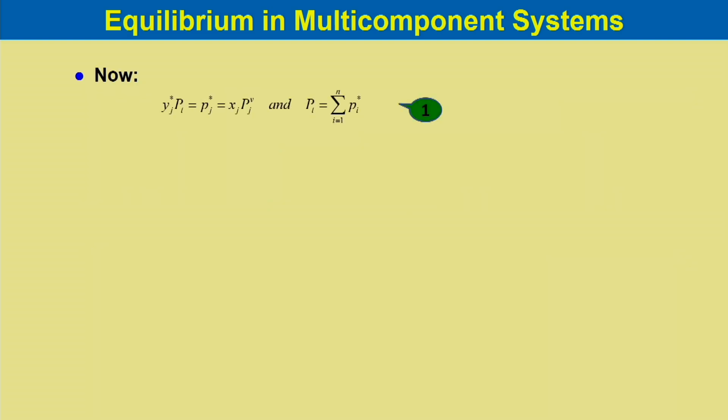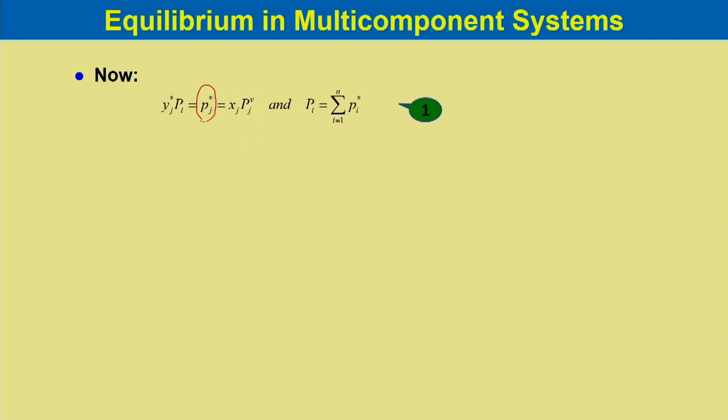We know that Yj* Pt would be equal to Pj*. Yj* is the mole fraction of component J, Pt is the total pressure, and Pj* is the partial pressure of component J, which we can write as Xj Pj^v.